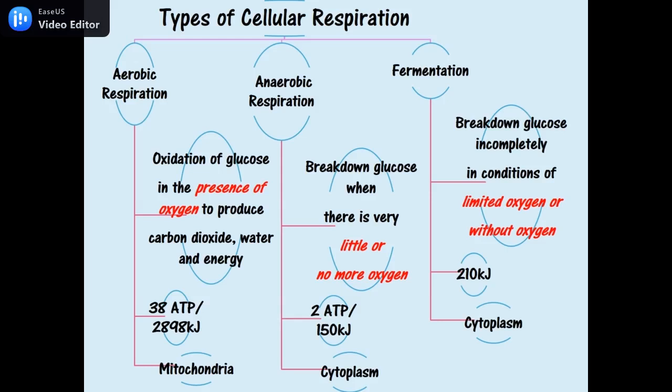Anaerobic respiration is the breakdown of glucose when there is very little or no oxygen, producing 2 ATP, equivalent to 150 kilojoules, in cytoplasm. Fermentation breaks down glucose incompletely in conditions of limited oxygen or without oxygen, producing 210 kJ in cytoplasm.